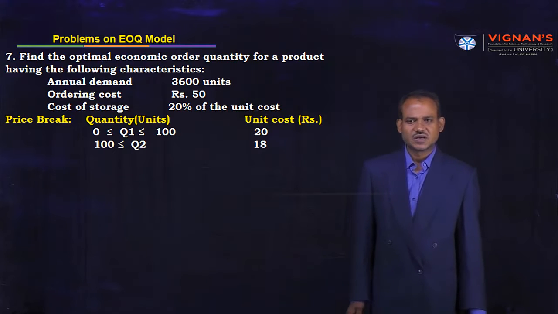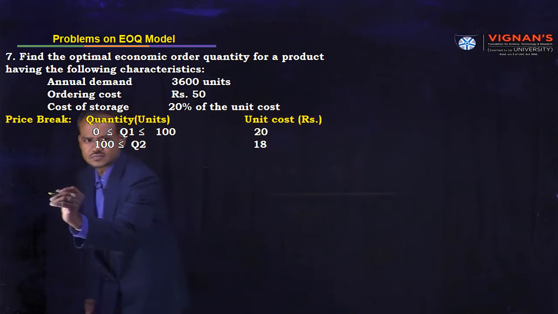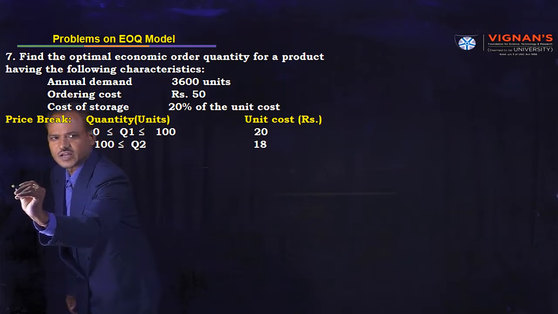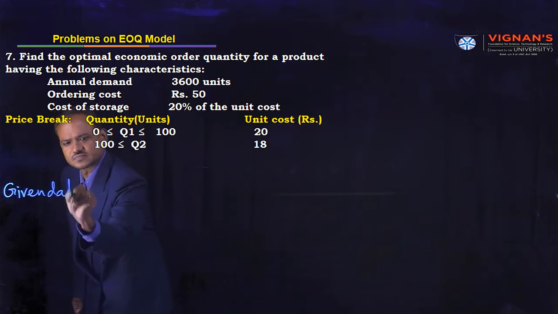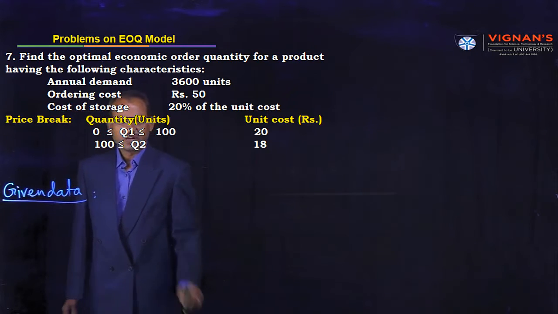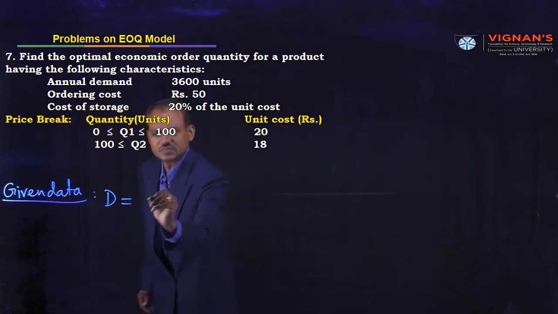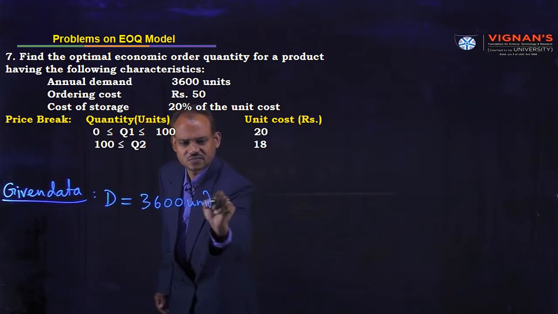Write down the given data. Annual demand, given data, put heading given data. Annual demand is given as capital D, 3,600 units per year.